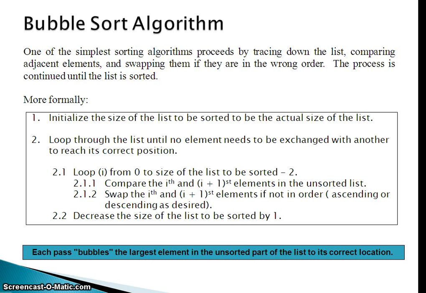If it is larger, we do the swapping. In this way, the whole process will be continued until the list gets sorted. This is the algorithm we are using to sort a list of elements using the bubble sort technique in ascending order.